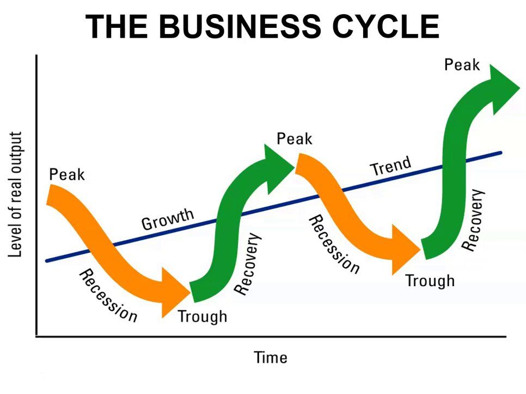This is all based on time and the level of real output, or our gross domestic product. Generally, our business cycle is going to consist of four different stages. We're going to see a peak, this is our prosperity. We're going to see a recession.